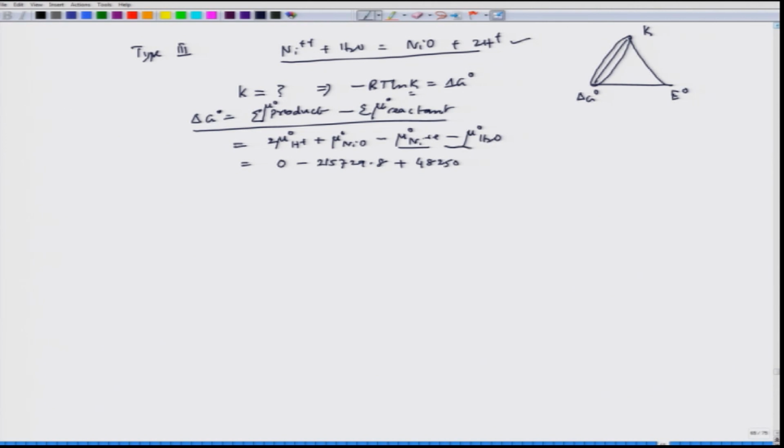This would also become plus, because the value of mu 0 of H2O is minus 236,964.2. So if we get this value, this becomes 69,484.4.